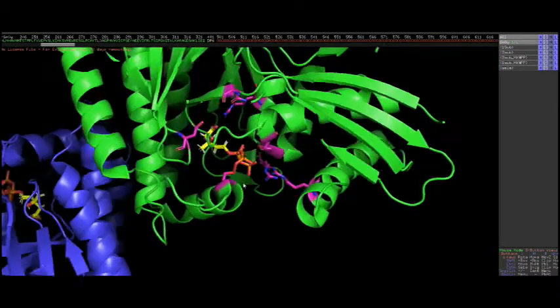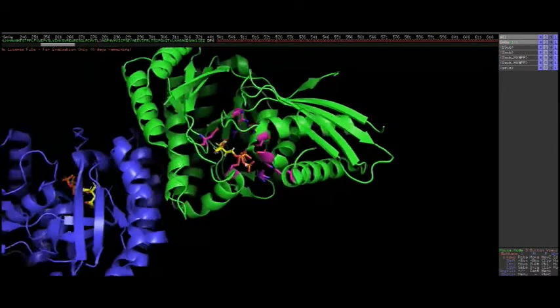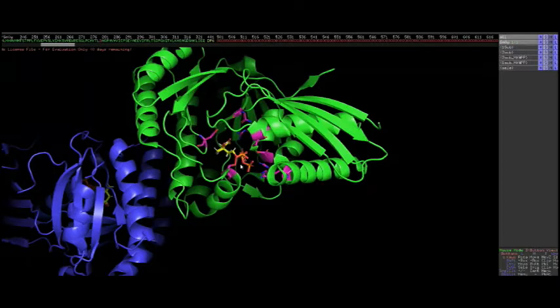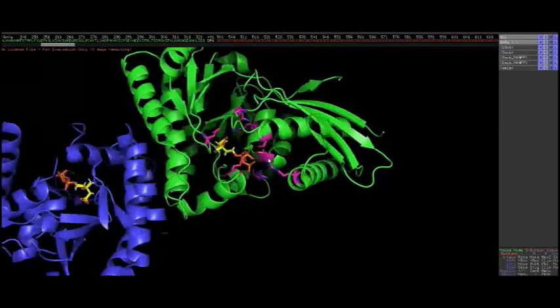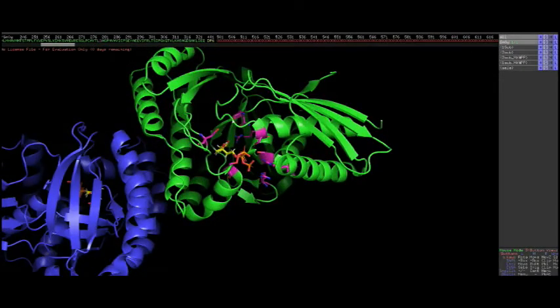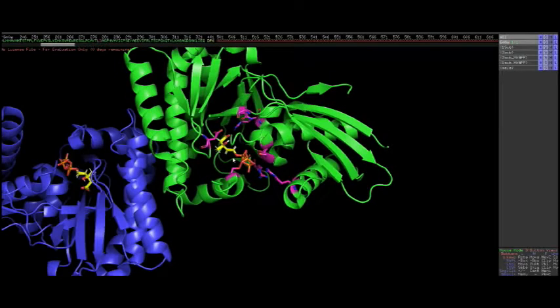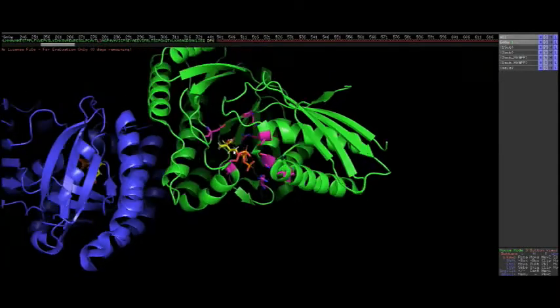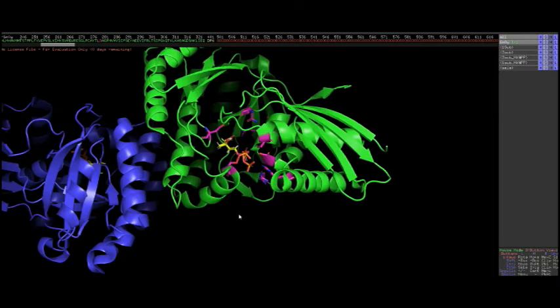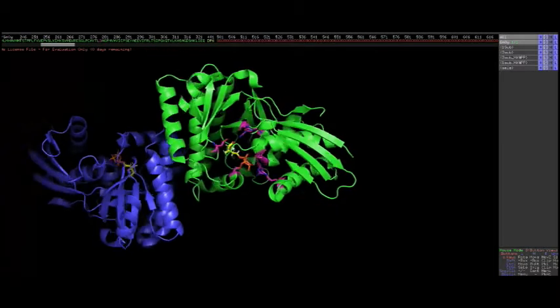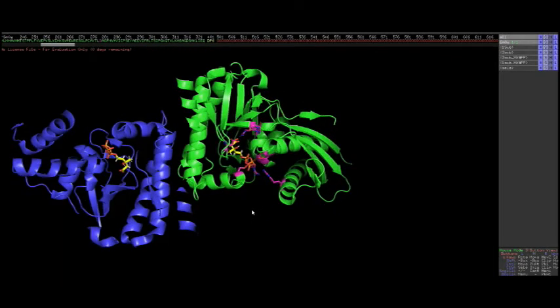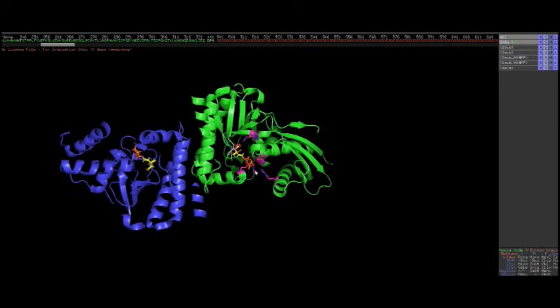So we can see how the active site is holding this substrate inside itself. The residues inside the active site accommodate this in the active site here, and so that's the structure of the mevalonate pyrophosphate decarboxylase.